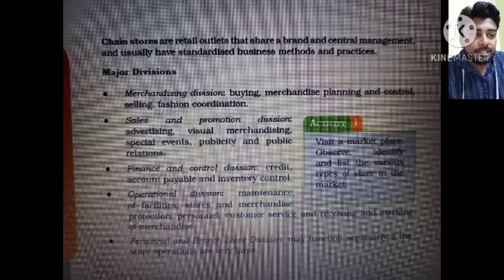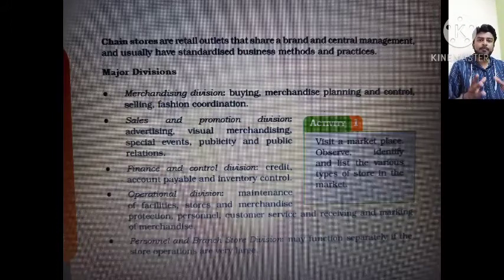Buying, merchandise planning, control, selling, fashion coordination. So these are the different merchandising functions. A merchandiser plays these roles: buying, merchandise planning and control, selling, and fashion coordination. These are the important factors handled by the merchandiser.